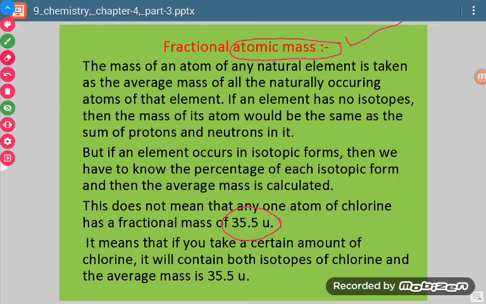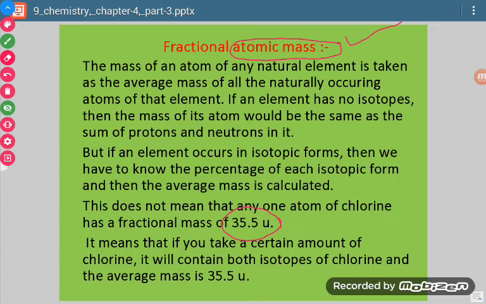The point is that when a particular element exists in two or more forms, then on the basis of their percentage abundance, we calculate the average atomic mass. If the portion after the decimal is very large, then the next number is taken.